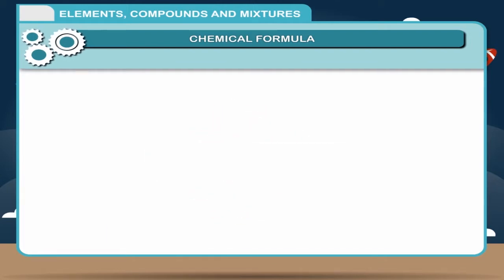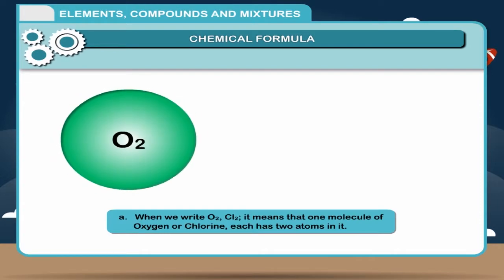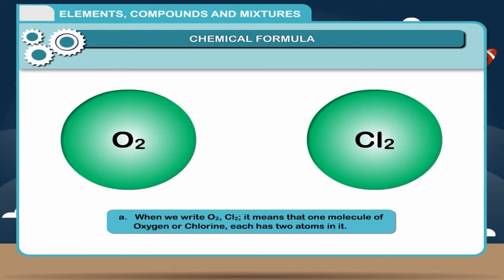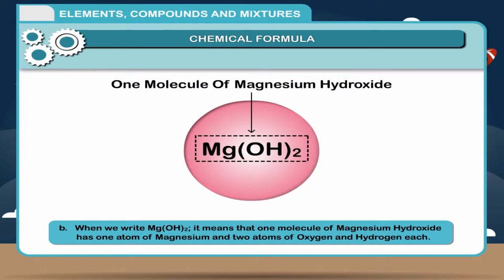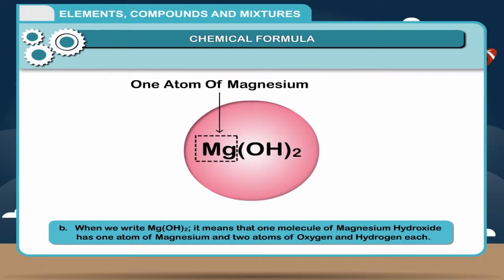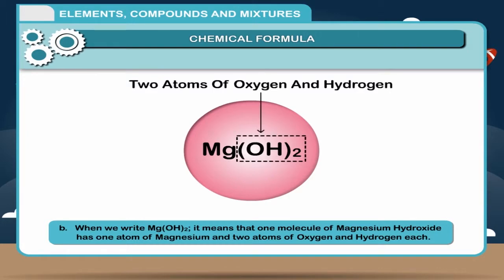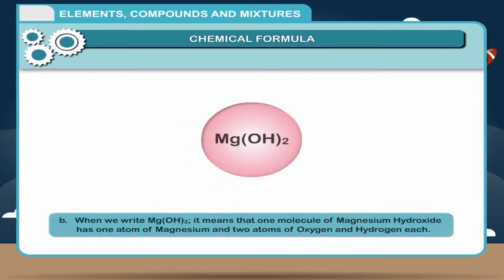For example, A. When we write O2, Cl2, it means that one molecule of oxygen or chlorine each has 2 atoms in it. B. When we write Mg(OH)2, it means that one molecule of magnesium hydroxide has 1 atom of magnesium and 2 atoms of oxygen and hydrogen each.